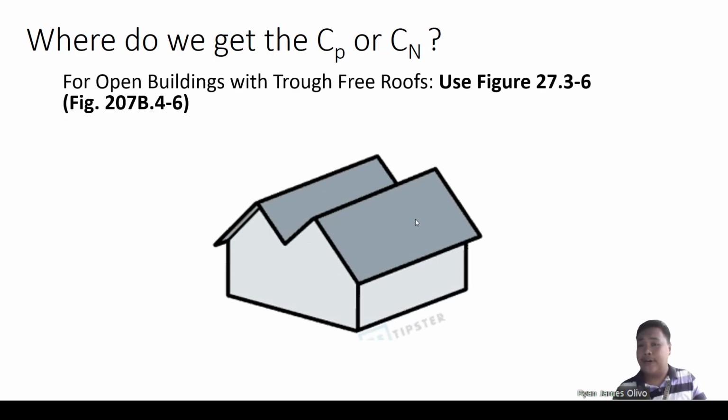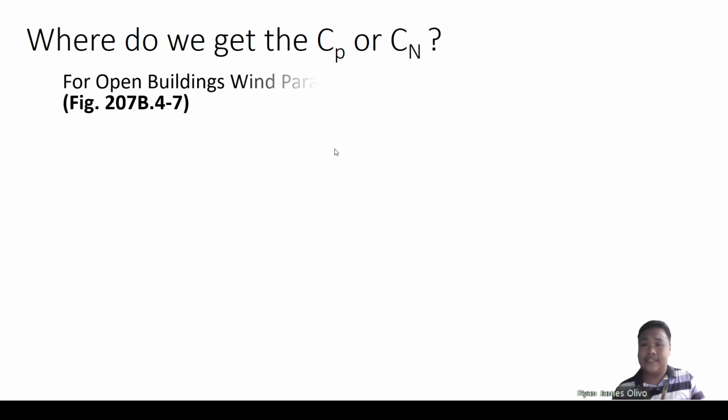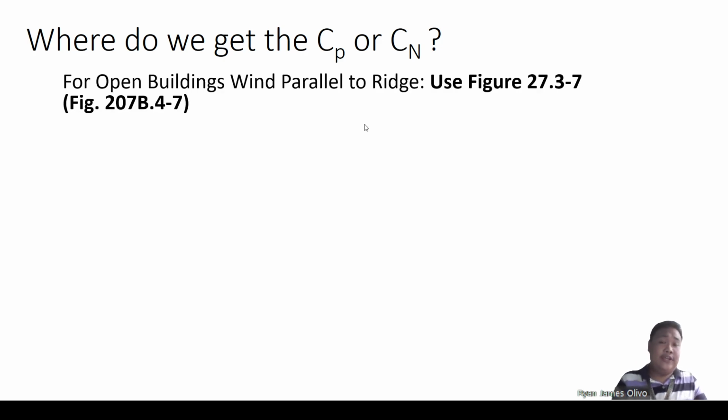And finally, for open buildings with a trough free roof, the trough here is this one, we use figure 27.3-6. Figure 27.3-7 is a different figure for open buildings with wind parallel to ridge.